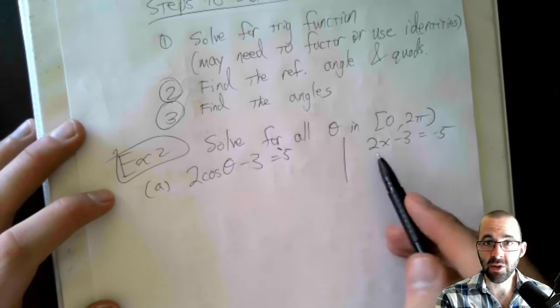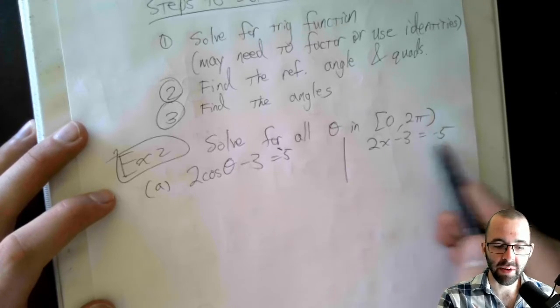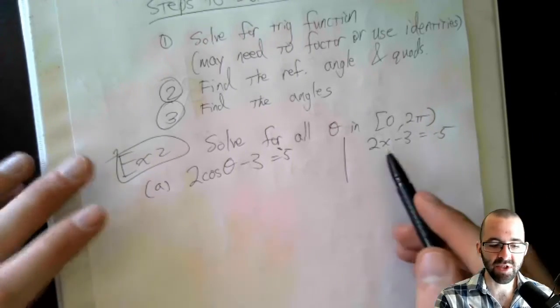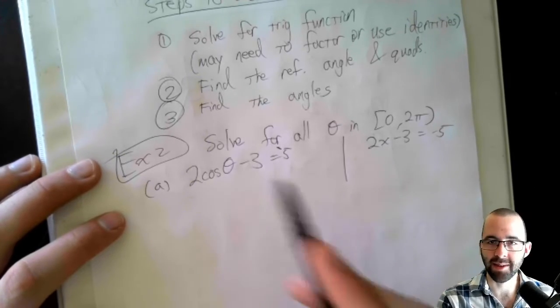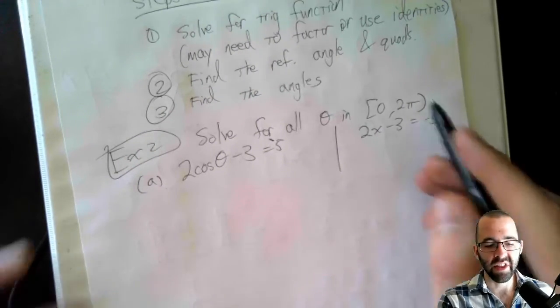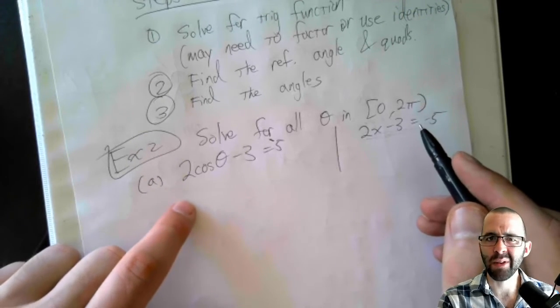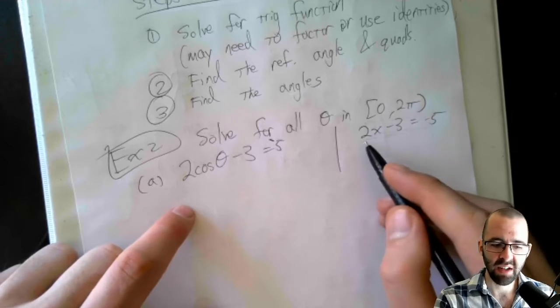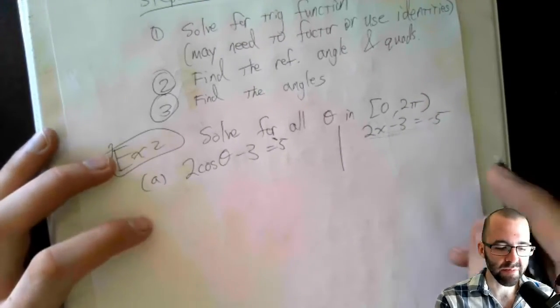Literally all of you know how to solve this. Just add 3 to both sides, divide both sides by 2. So if you wanted to solve it like this first, and then go back where x is the same as cosine of theta, you can do that. This form is probably not going to be so useful in part A, but when we get into quadratics and stuff, it might be handy. It's just something you can try if you want.